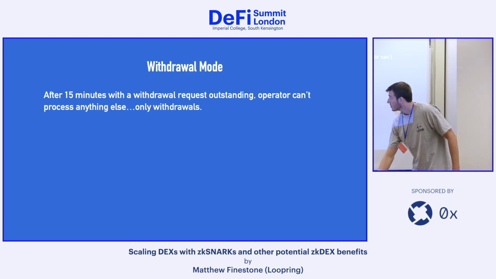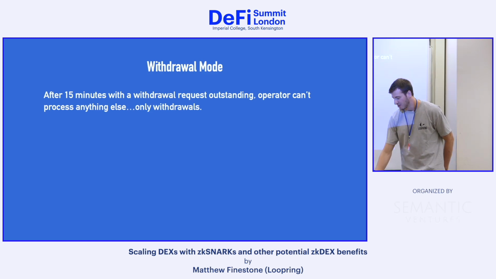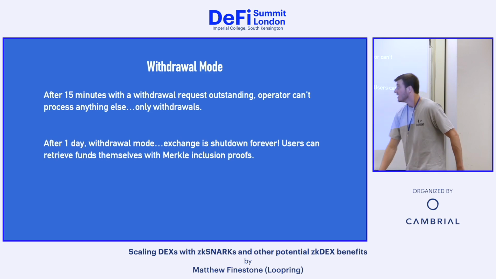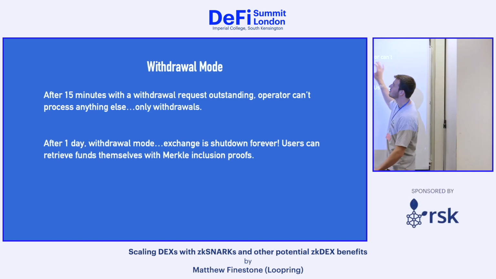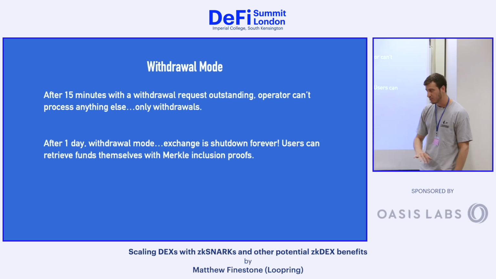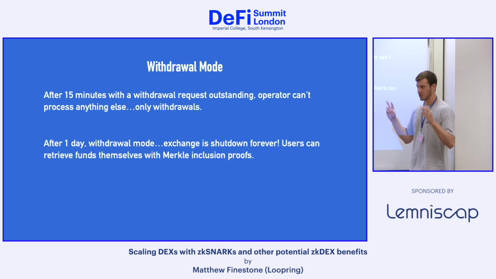Then, let's say it's still slacking. It went offline or it just stops doing its job. It doesn't want to be a DEX anymore. After 1 day of this, where it was only able to process withdrawals but still hasn't, again configurable, likely will come lower, I find this a bit much, then withdrawal mode happens, or what we could call shutdown mode.